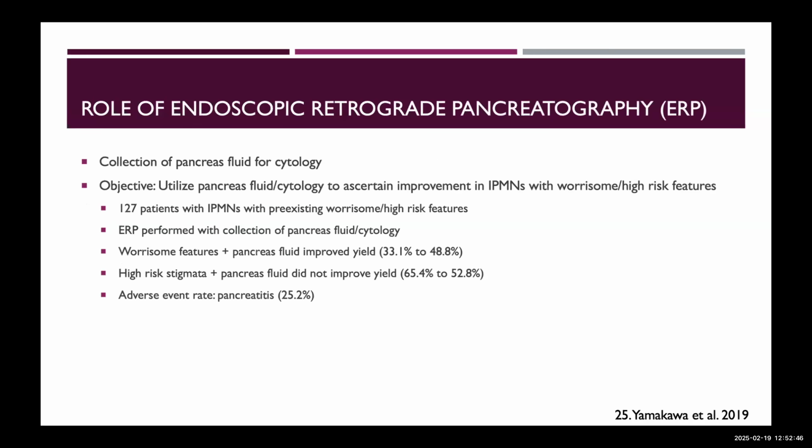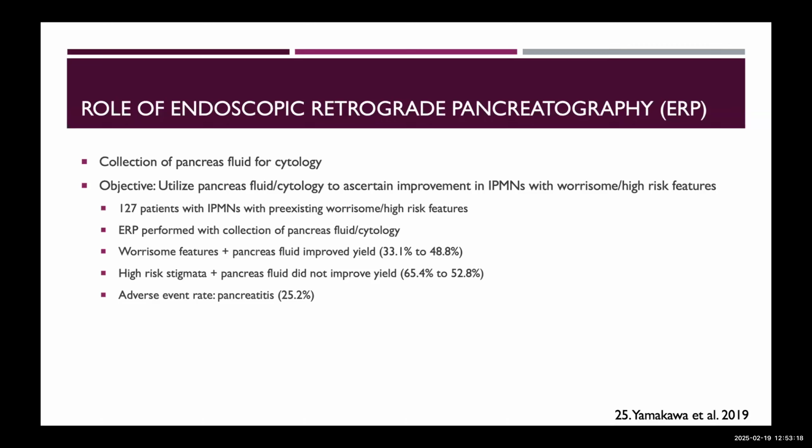In terms of the role of ERCP or ERP in this particular case, certain groups have looked at sticking a cannula into the pancreas duct and taking fluid for cytology to see whether there's any added benefit in patients with pre-existing worrisome features. So someone with mural nodularity or a dilated pancreas duct: if you did an ERP, cannulated and then sucked out the fluid, does that increase the yield of diagnostic clarification?